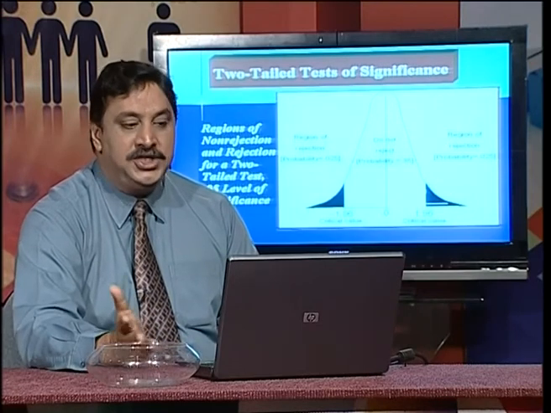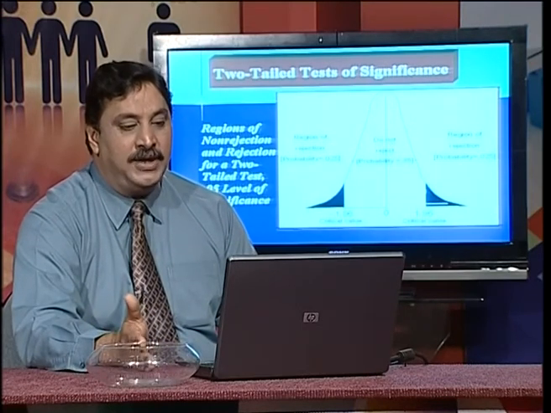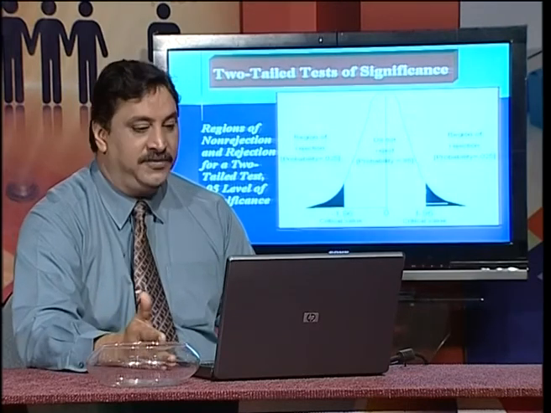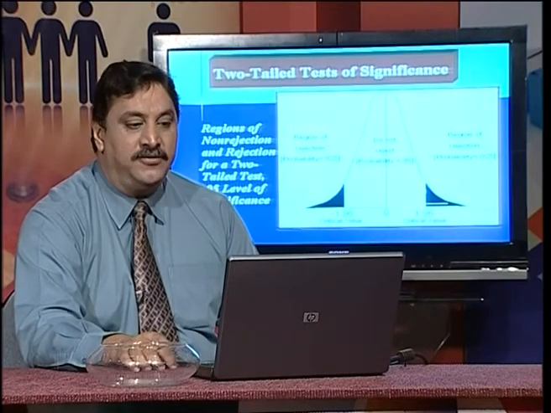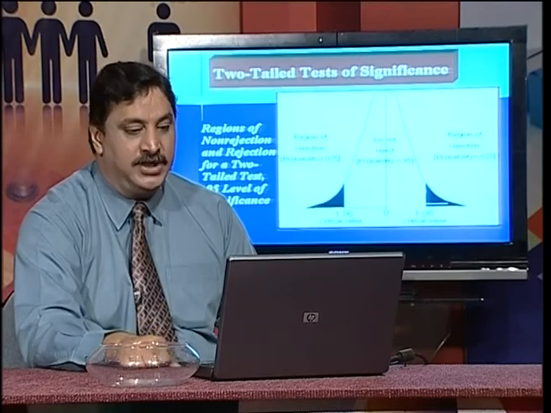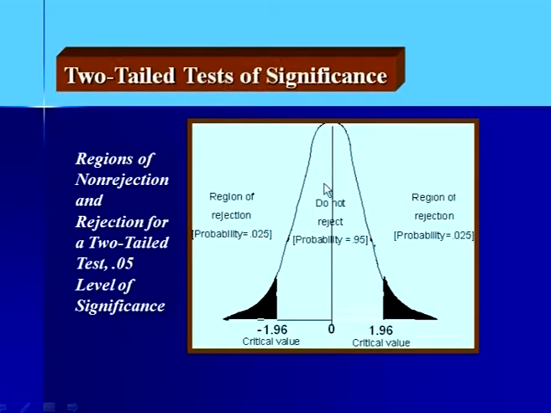In a two-tail test, we generally don't know whether the population parameter is less than or greater than the actual value, so we design our critical region, or region of rejection, on both sides of the normal distribution. Between these two rejection areas, the whole area is the acceptance region, and we do not reject our null hypothesis if the value of Z lies between the two shaded areas. If the value of Z lies in the shaded areas, we reject our null hypothesis. Otherwise, we accept our null hypothesis.